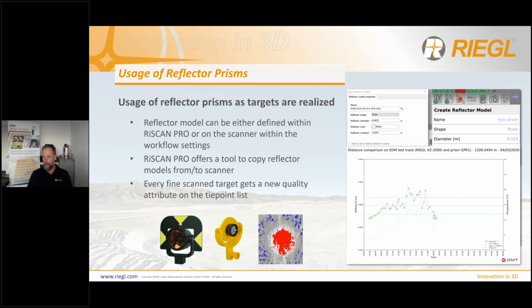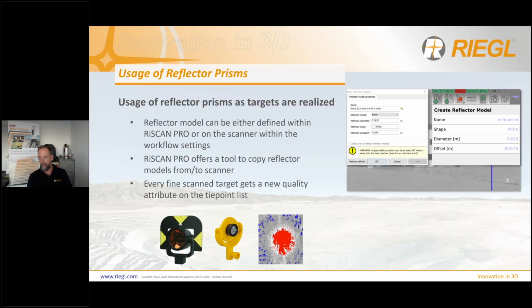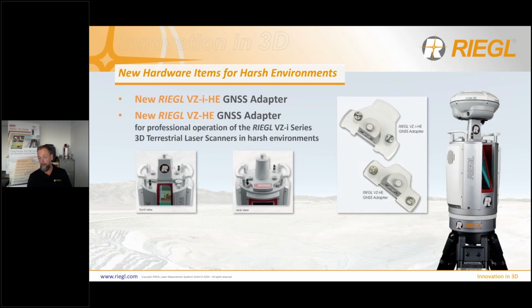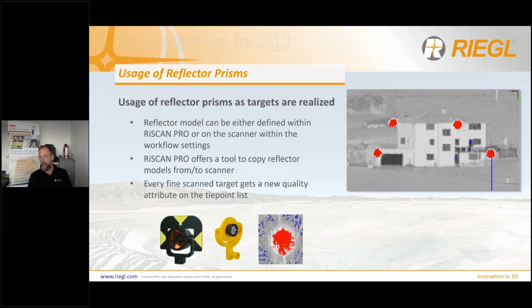And in future, you don't need the large reflector foil targets or cylinders on long ranges. You can really make use of these small prisms, because as you have seen before on that slide, I just jump back here, the prisms appear extremely large.